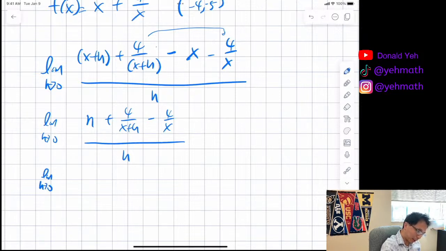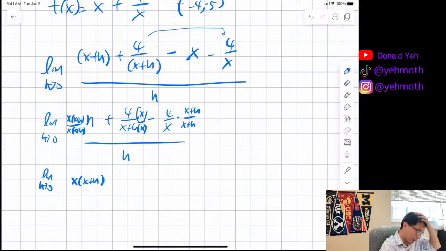I multiply this by x times x plus h over x times x plus h. And I multiply this by x over x. And I multiply this x plus h over x plus h. So then it'll be x times x plus h here.